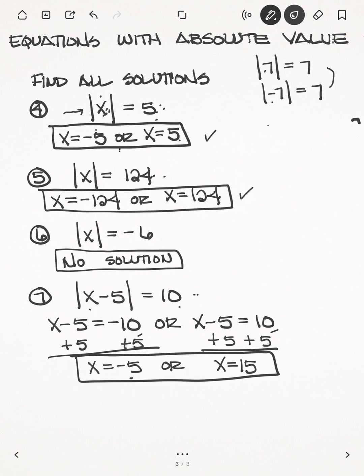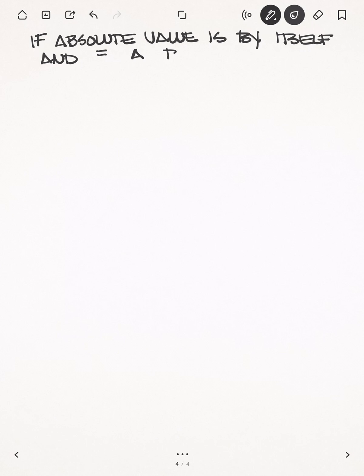Okay, if absolute value is by itself and equal to a positive number, then you will use this rule to get rid of the absolute value, or we'll say to remove the absolute value.